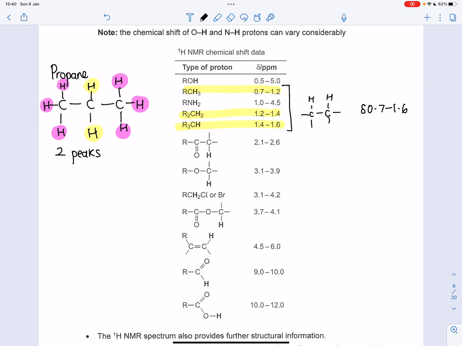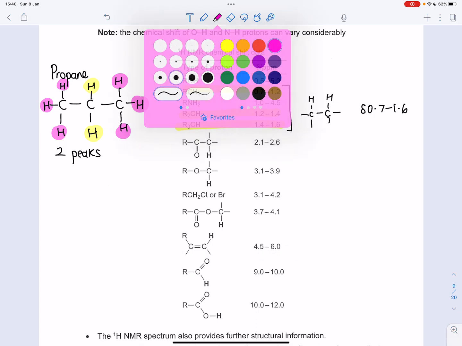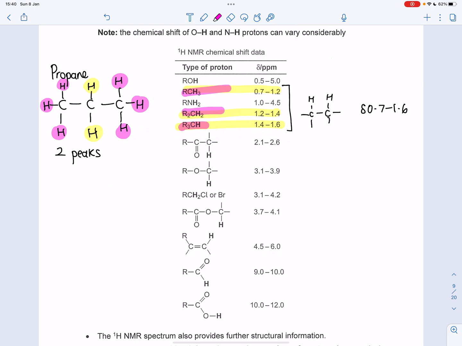So all of these, our yellows and in fact our pinks in this particular example, are the same type. So we would see 2 peaks in this region between 0.7 and 1.6. When we're thinking about these, remember that these are just ranges and we can be inside and outside of the range slightly.